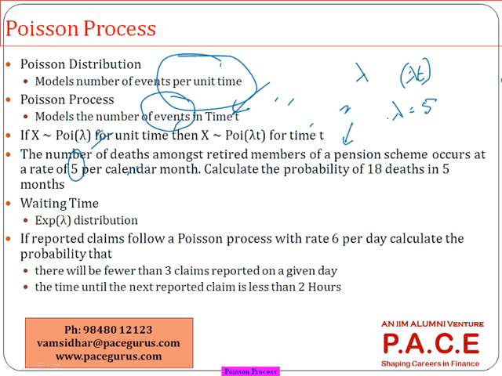But he is saying calculate the probability of 18 deaths in 5 months. So here I need 5 months. So the lambda t which I am taking, I can directly take as 25. 5 per month, so the average is 25 per 5 months. That is what I am taking as a Poisson process.